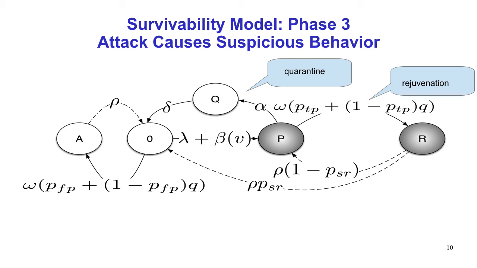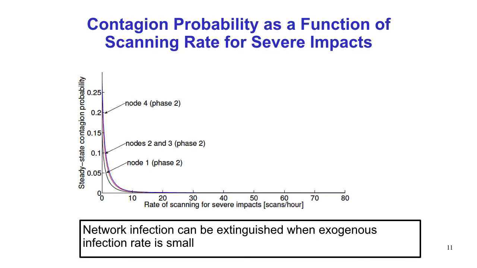The most important conclusion from this analysis is that the network infection can be extinguished when the exogenous infection rate is small. This slide shows how important it is to contain the travel from infected regions to non-infected regions, as for example, in the case of COVID-19 epidemics.